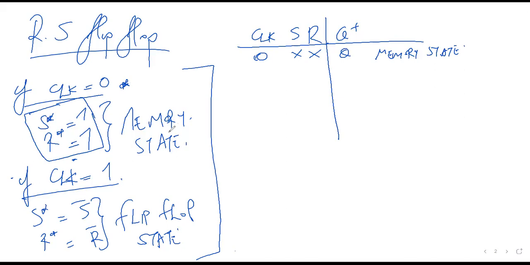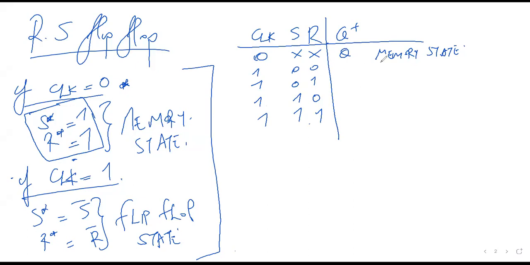And this means we are in the memory state. If the clock is 1, however, 0, 1, 0, 1, 0, 0, 1, 1. If the clock is 1, however, the circuit now functions as an SR latch.